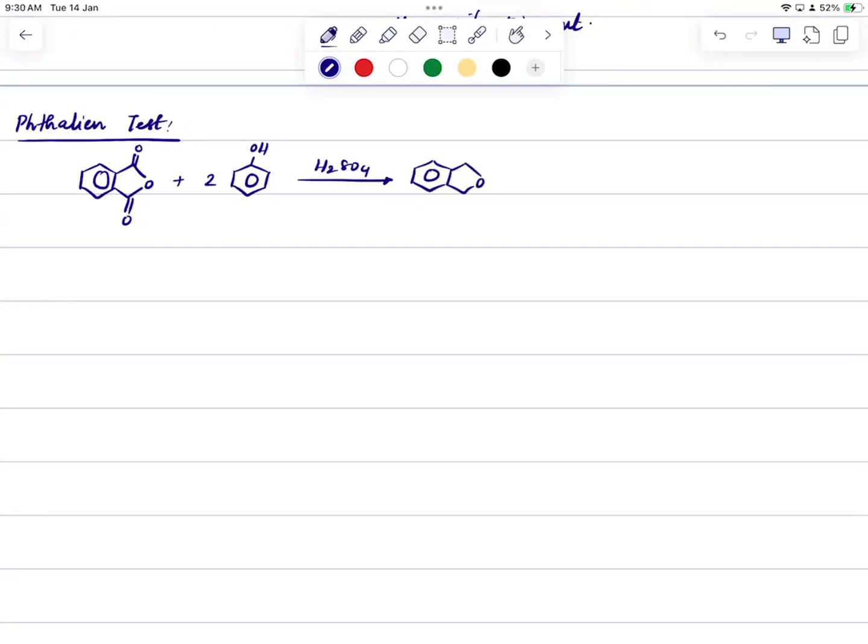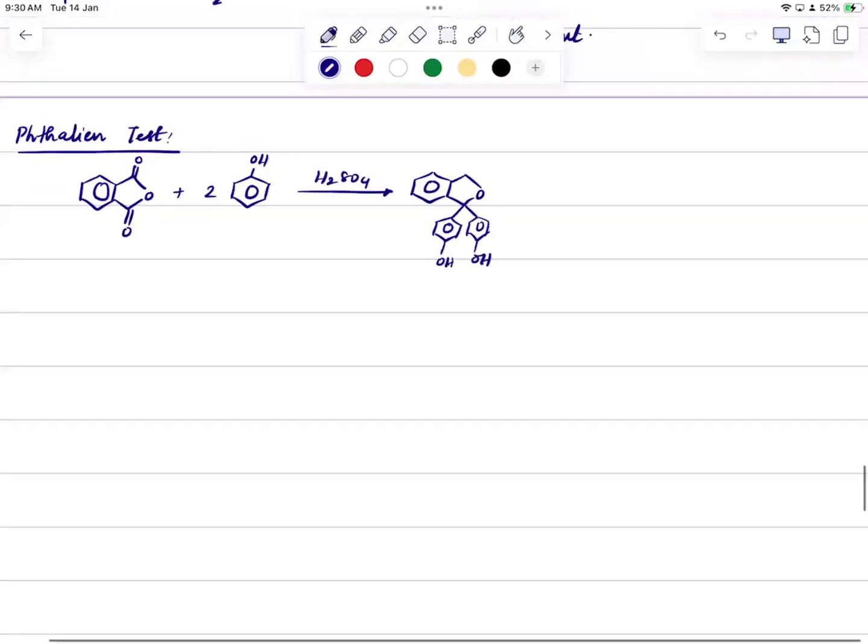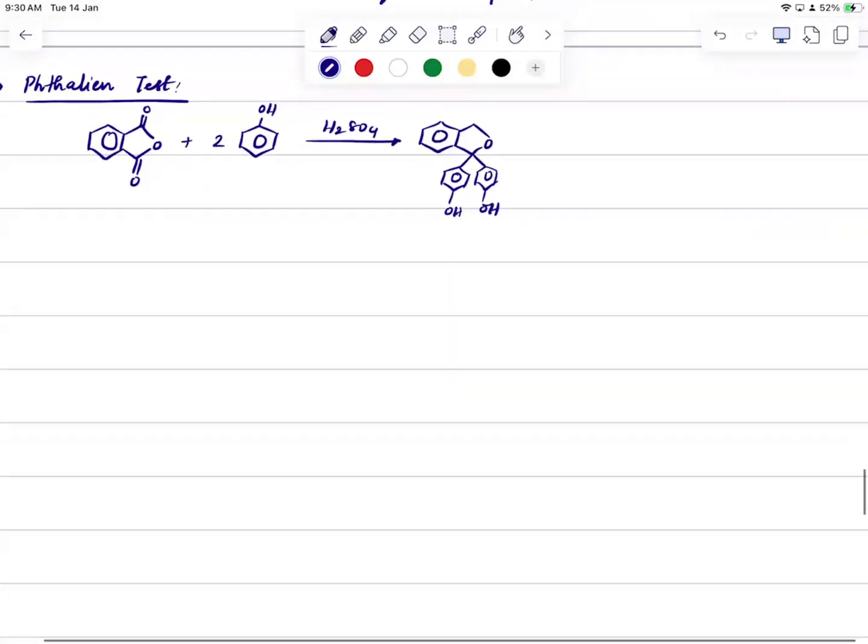But on two sides of it, we will have phenolic groups, OH and OH. I told you that this was in one of the lab manuals. I told you to remember the structure, everybody. Please learn this structure, very important structure formation here.